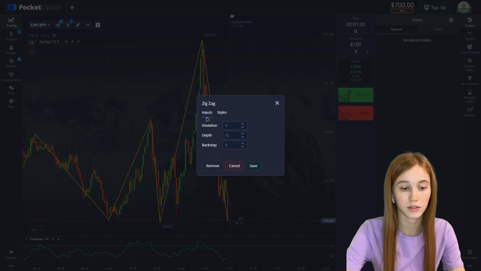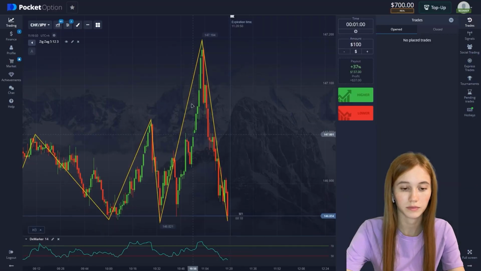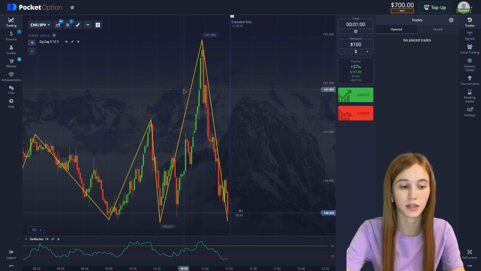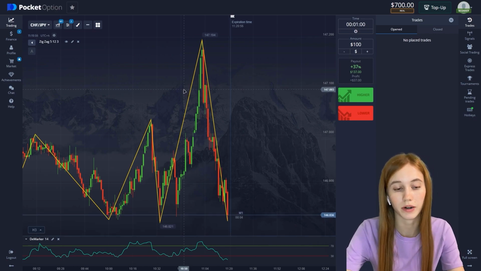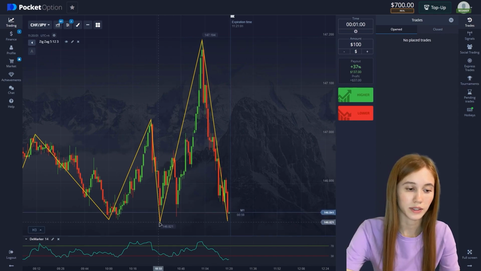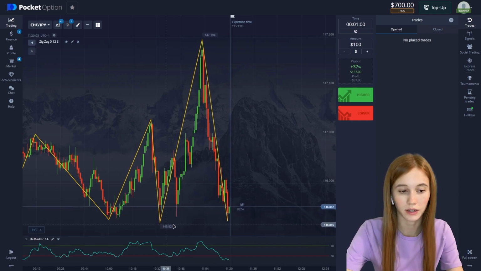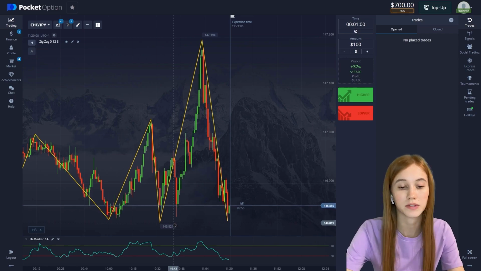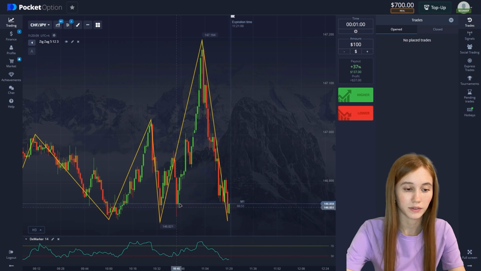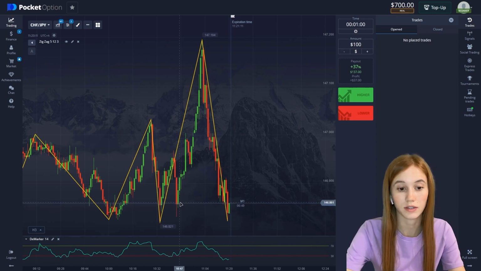Thanks to this, it's possible to consider important market movements without taking into account the noise. Unlike other indicators, the zigzag does not predict future price behavior, but rather indicates significant changes in the past.